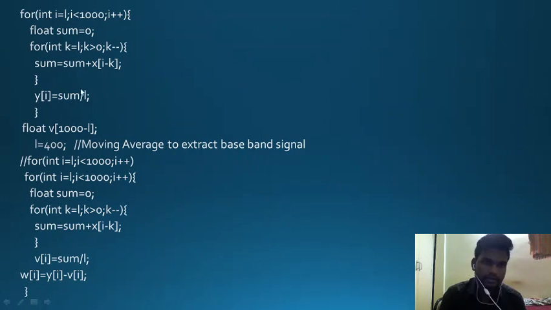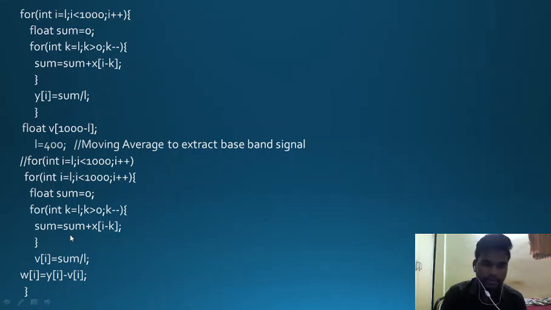Here we are passing the input signal through a moving average filter. This is the logic for the moving average filter. Y of I is the moving average filter output, that means x1, PPG plus baseline drift component, and we are passing the input signal through the moving average filter with L equals 400.